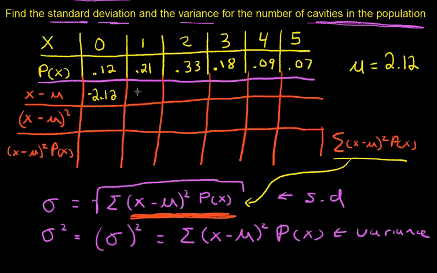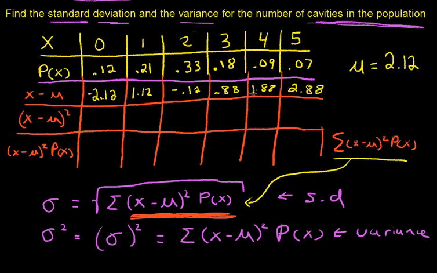So 1 minus mu is negative 1.12. 2 minus 2.12 will be negative 0.12. Then 3 minus 2.12 is positive 0.88. 4 minus 2.12 is positive 1.88.